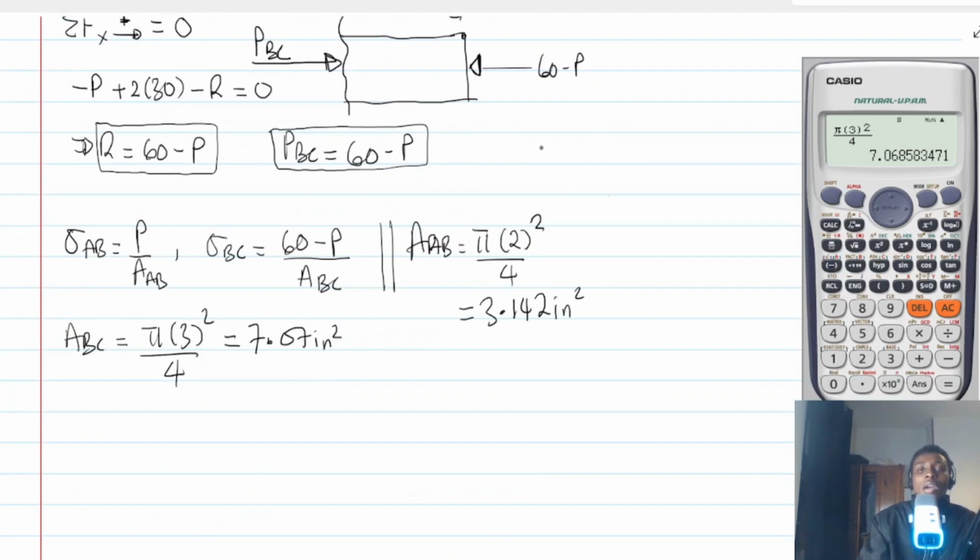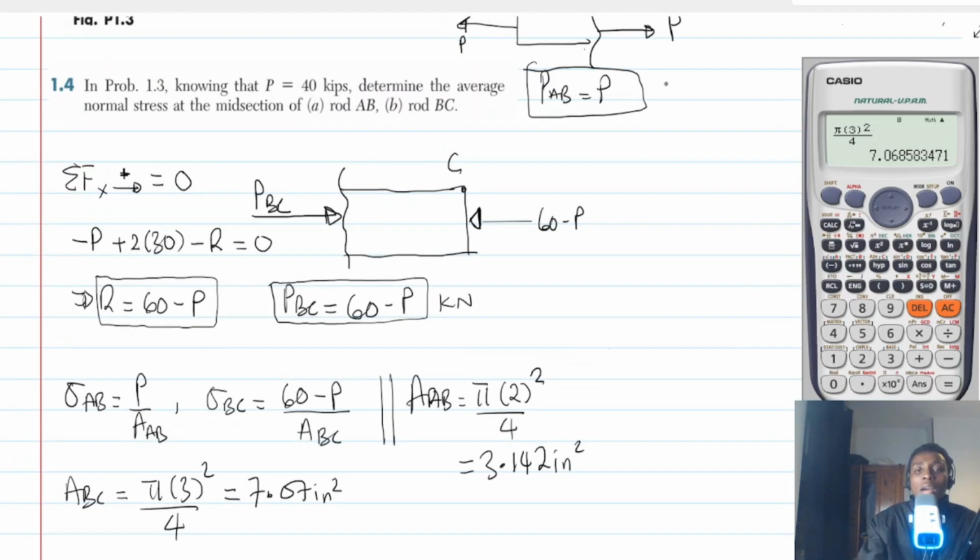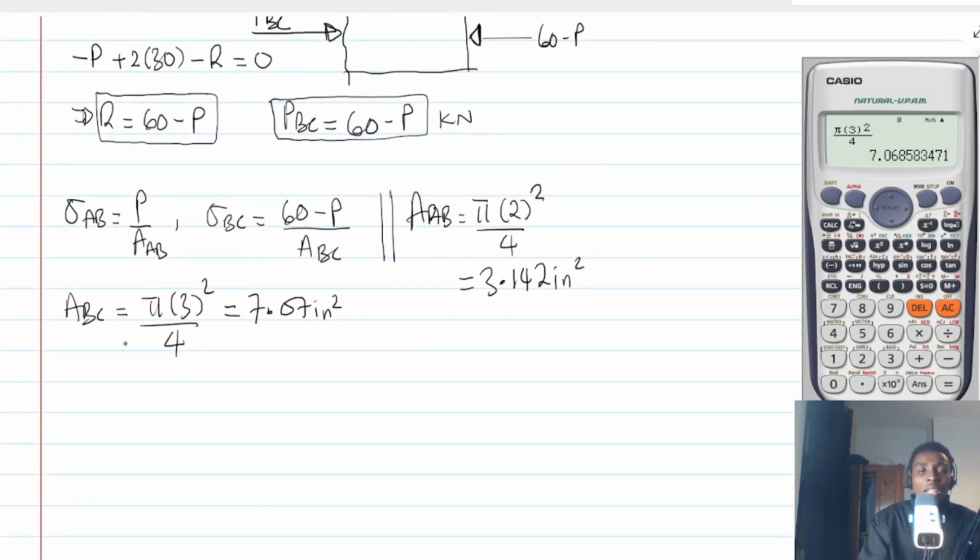These expressions are actually in kilonewtons. P and then PBC, this one is also in kilonewtons. All right. Now, let's try to equate them.